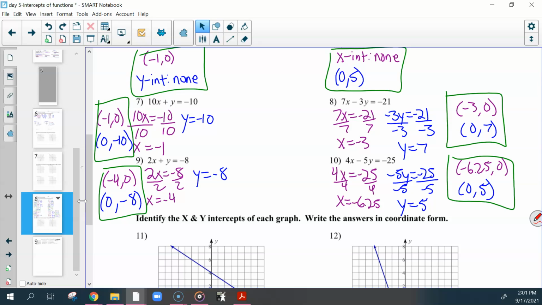And 10, you could have put the decimal or the fraction for the x-intercept, so -25 over 4 or -6.25. And the y-intercept was 5.